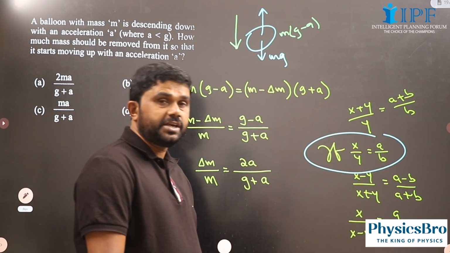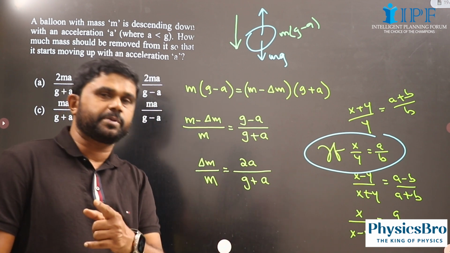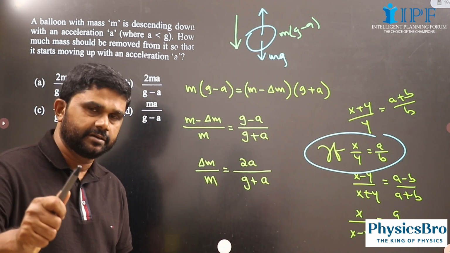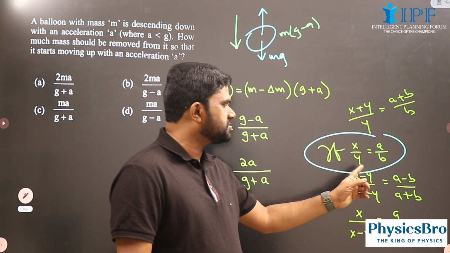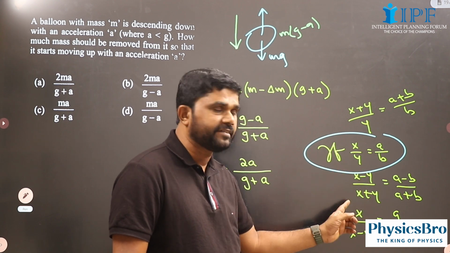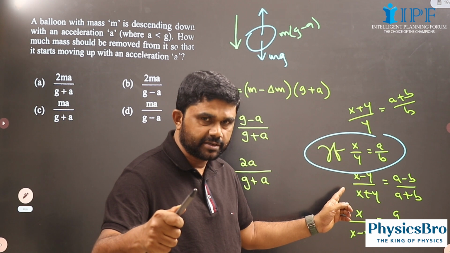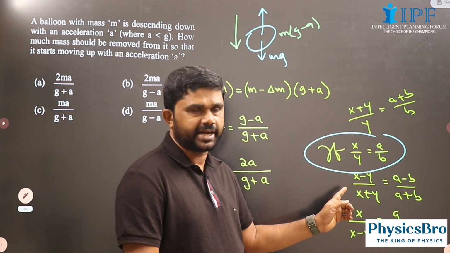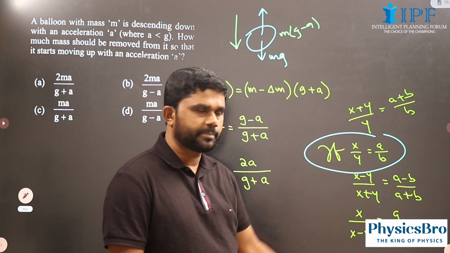If x by y equals a by b, then x minus y divided by x plus y equals a minus b divided by a plus b, because whatever we do on the left side, the same thing should be done on the right side also.